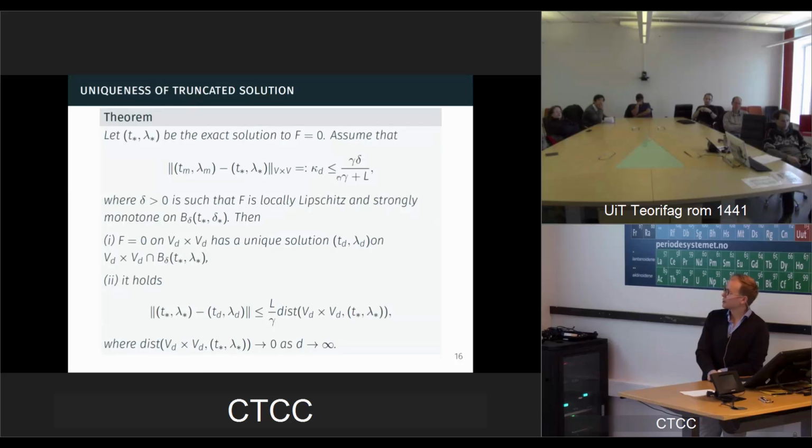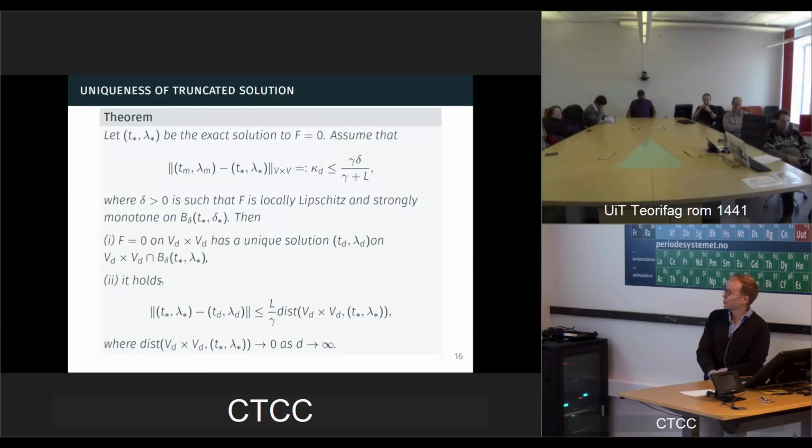Okay, but if this holds, then we have a unique solution, a truncated solution that's unique on the truncated space, and also within the ball for which we have the Lipschitz and strong monotonicity.